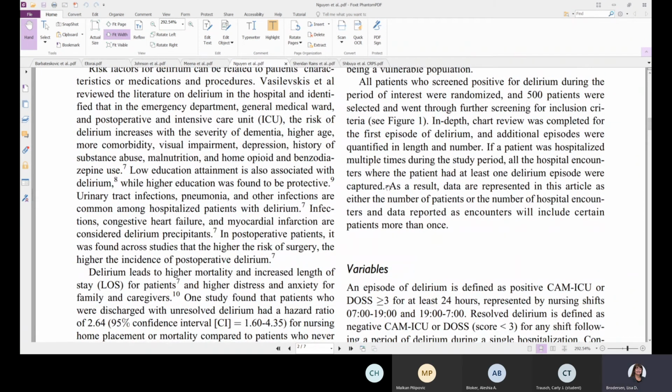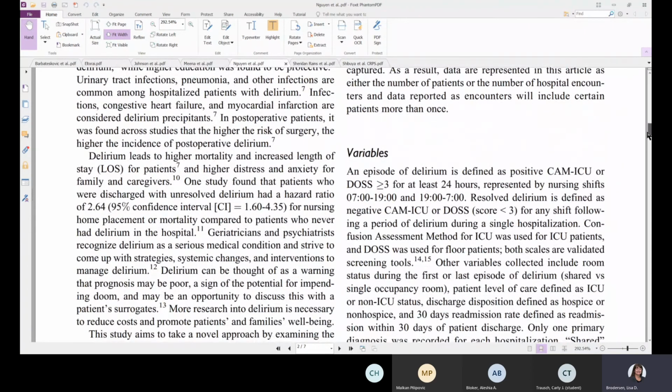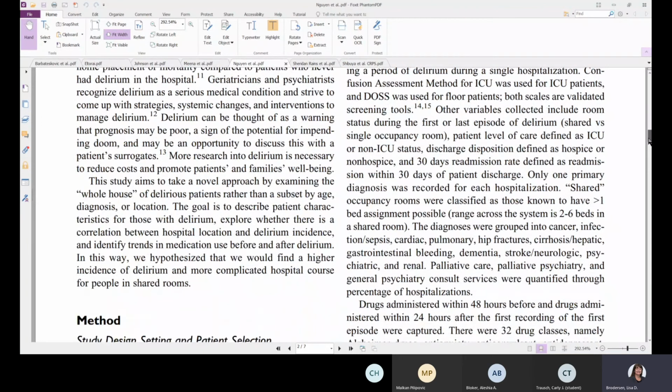Oh, yeah, here's the purpose statement. I'm trying to find their purpose statement. Oh, here. The study aims to take a novel approach by examining the whole house of delirious patients rather than a subset by age, diagnosis, or location.